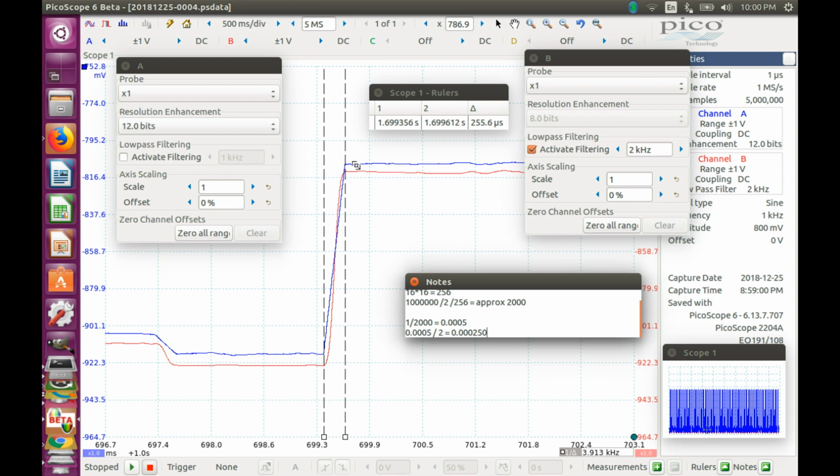So the whole transition takes half the period of a 2 kHz, or if you're using a different frequency, half the period of the frequency that you are using.